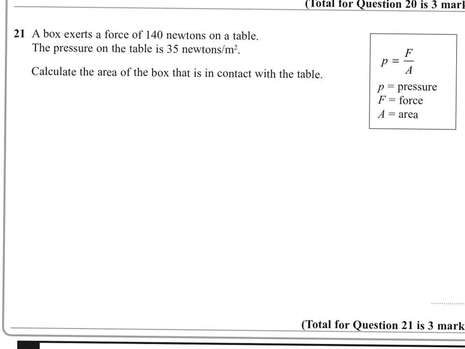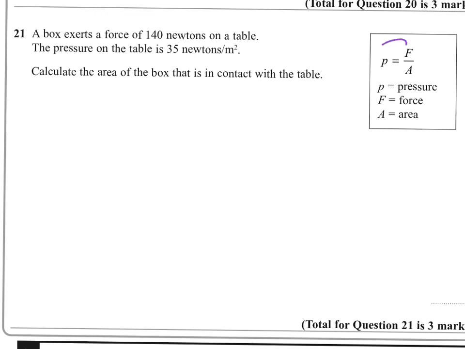Question 21. A box exerts a force of 140 newtons on a table. The pressure on the table is 35 newtons per metre square. Calculate the area of the box that is in contact with the table. Now, that would frighten a lot of people, especially if you don't have a very good physics background, or indeed if you don't know what a newton is, for example.